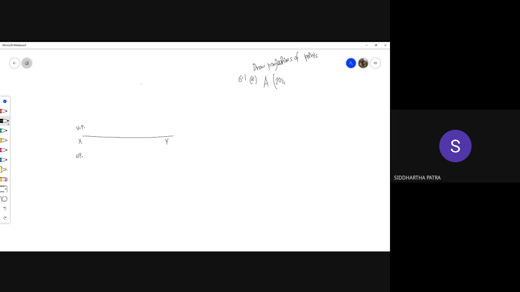Point A is 20 millimeter above H, and 25 millimeter in front of V. Okay, so what is it saying?